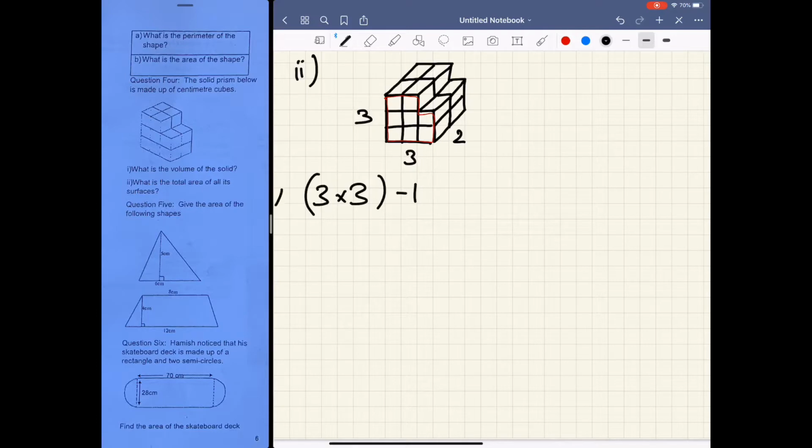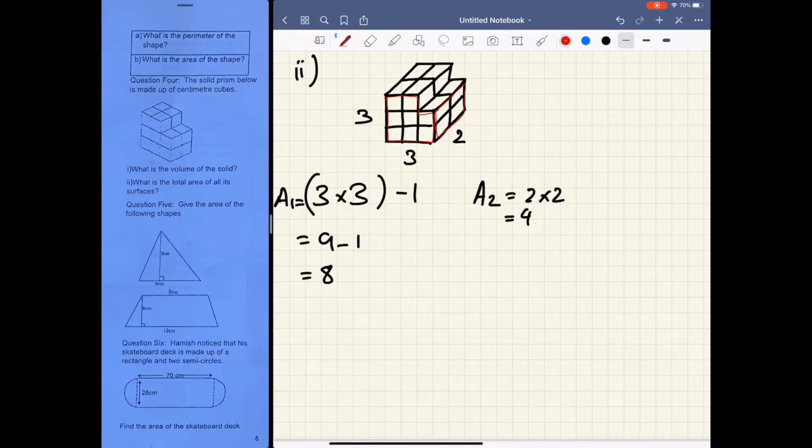Alright, and we'll call this area 1. 3 times 3 is 9, subtracted by 1 equals 8. Now moving on to calculate this area. Area 2 equals 2 times 2, which equals 4.